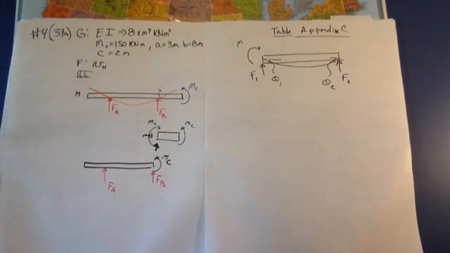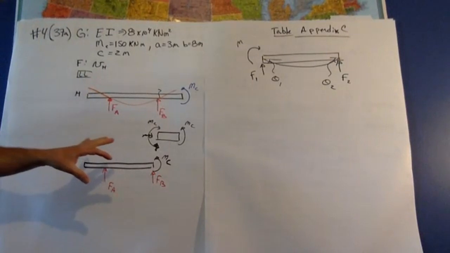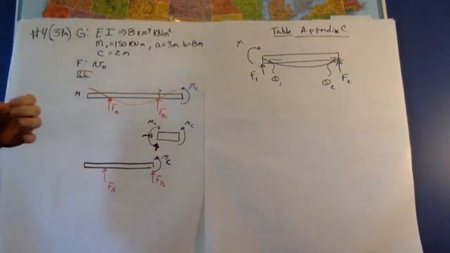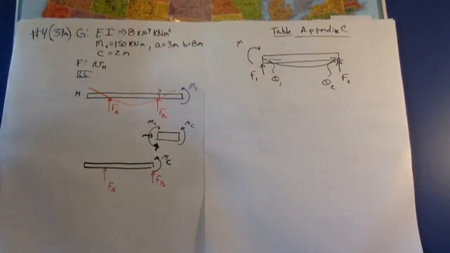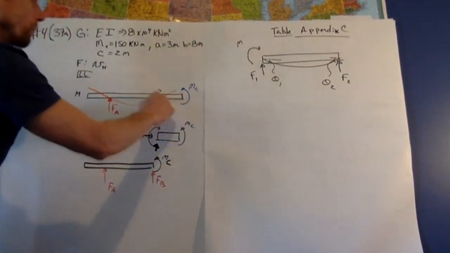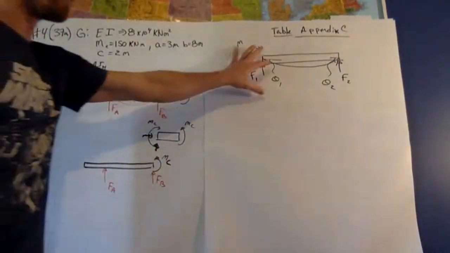That's usually a sticking point with students, and it's not intuitive, so think about that for a little while. But now we moved from MC out here to where B is. It's starting to look more like this, correct?